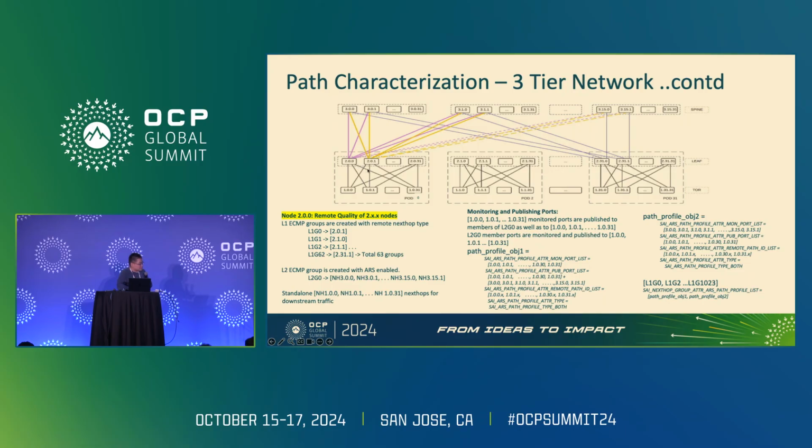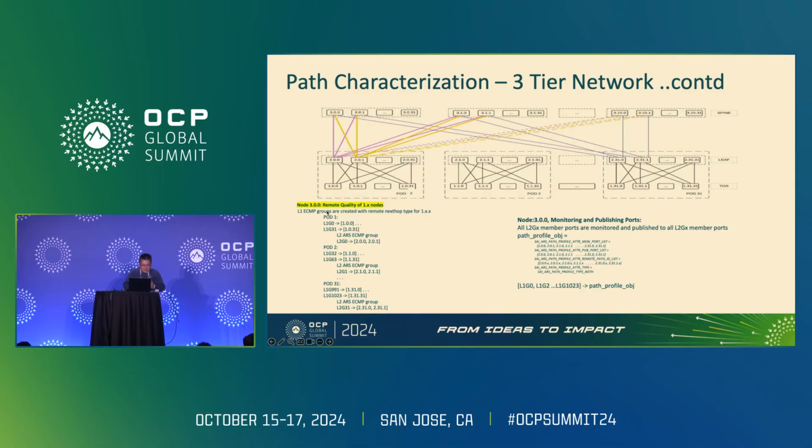It will monitor the downlink to the ToR and then distribute the quality to the rest of the ToRs. And for the up-facing link, it will monitor the quality of the spine switch and then distribute it to the rest of the spine switches, and it will also distribute it to the ToR here. Last is the spine, which has a similar role.